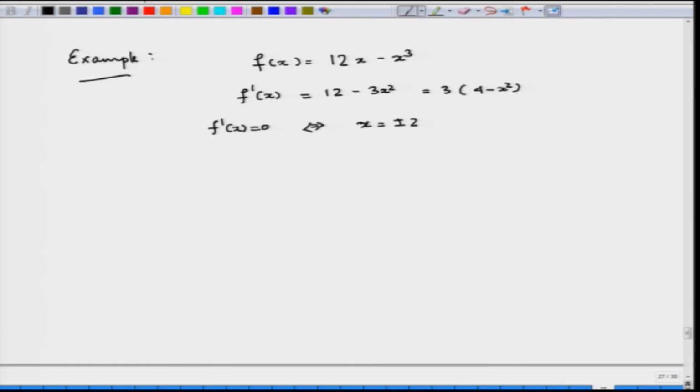So, now let us try to look at the sign of f prime. When x is less than minus 2, then x square is going to be bigger than 4. Therefore, f prime of x is going to be negative. So, f is decreasing.